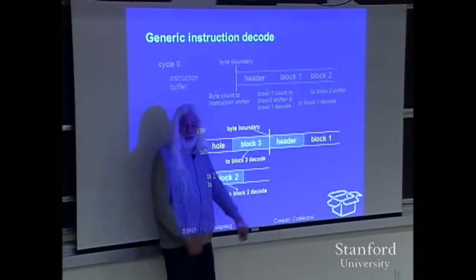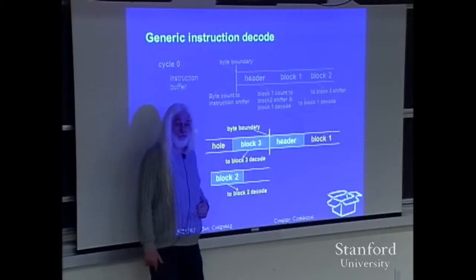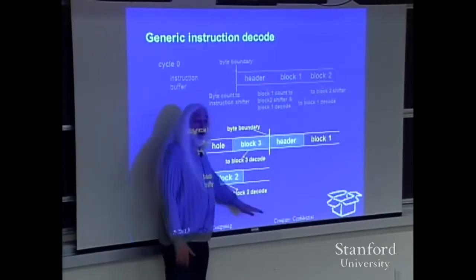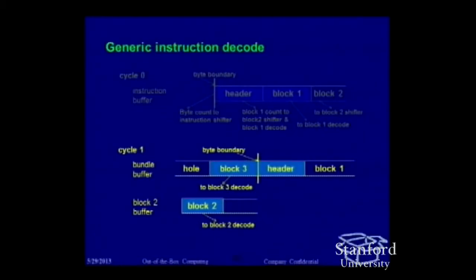We pull in both of them along. Consequently, we know where block 3 is. And we can drop all of block 3 into its own personal decoder. Block 3 is solved. Meanwhile, we had already shifted block 2 into block 2's own buffer. That's properly aligned, and that gets dropped in.